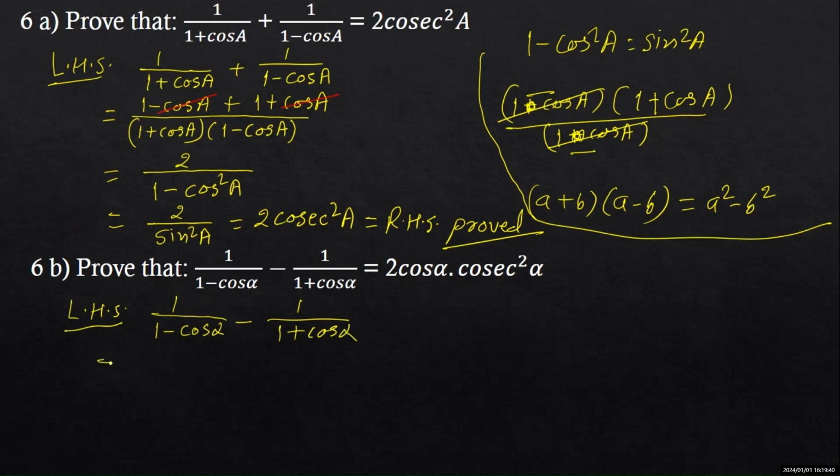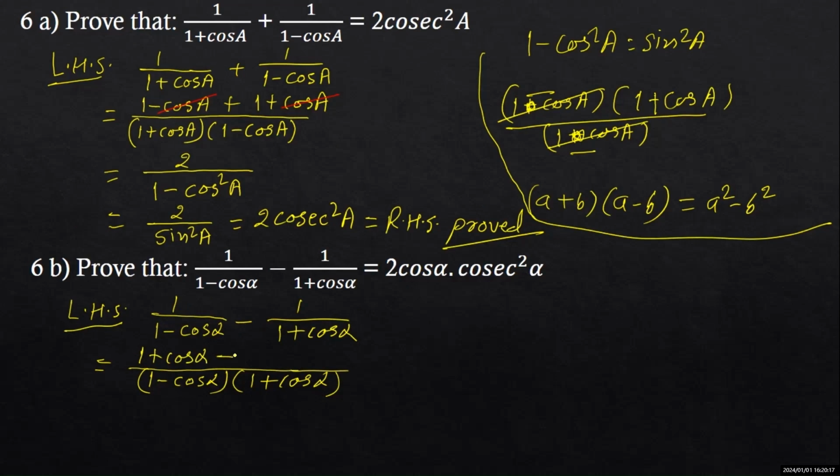Take LCM in denominator, we'll get 1 minus cos alpha into 1 plus cos alpha. Same as previous, we'll divide this common denominator by the first denominator, then 1 minus cos alpha will be cancelled, and it will remain 1 plus cos alpha. 1 plus cos alpha into 1 is 1 plus cos alpha only.